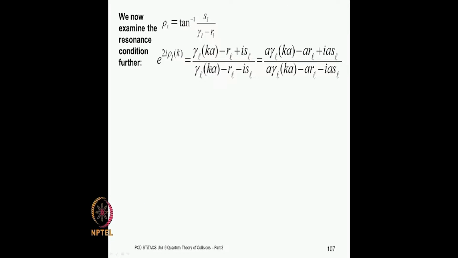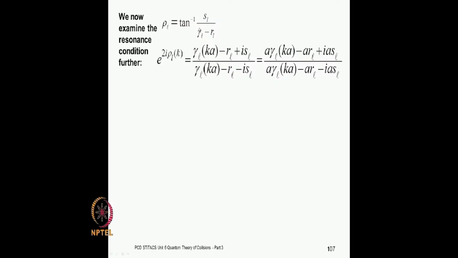Now this second phase shift, which is not the impenetrable part phase shift, but the remaining residual part, is the one in which we are really interested. This phase shift we had written in terms of the two parameters S and R, each defined for every quantum number L, or angular quantum number L, so it is different for each partial wave.